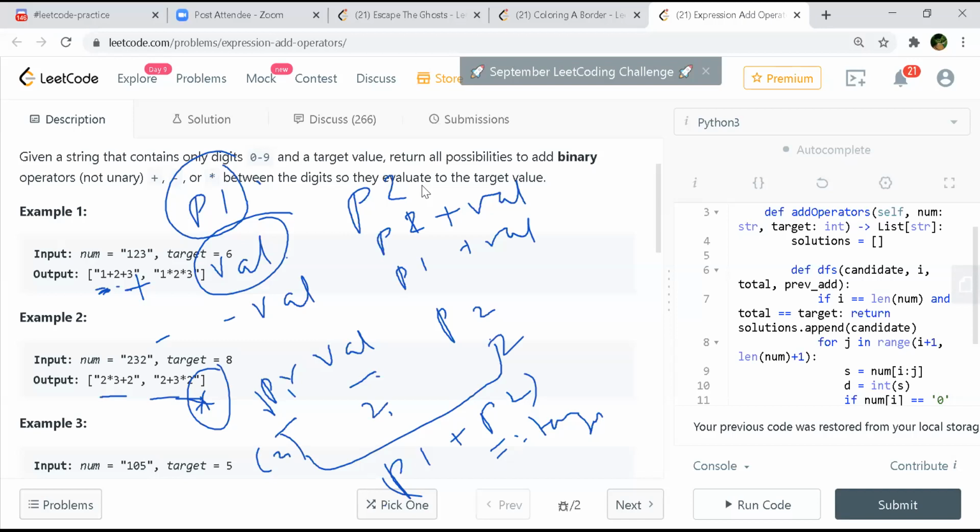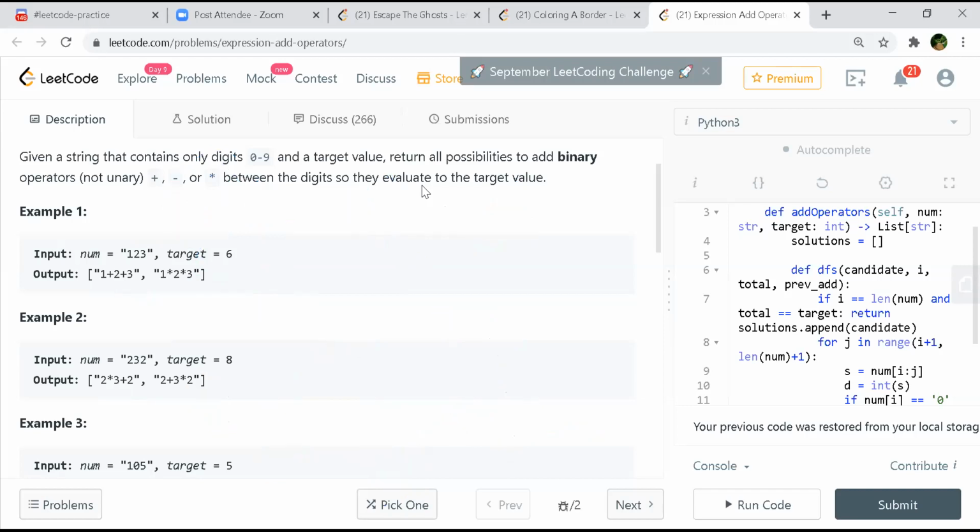So only multiplication will have to take care of all these things, but for addition and subtraction, it might remain the same. Yeah. The way I get this is, for example, we are trying to form this expression 2 plus 3 into 2, right? I just take out 2 first and then I add 3.